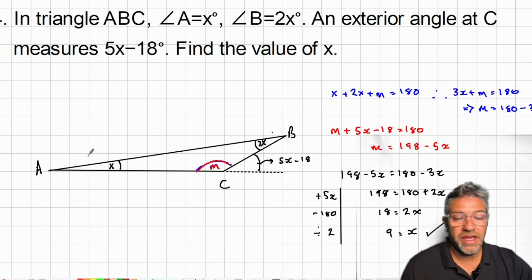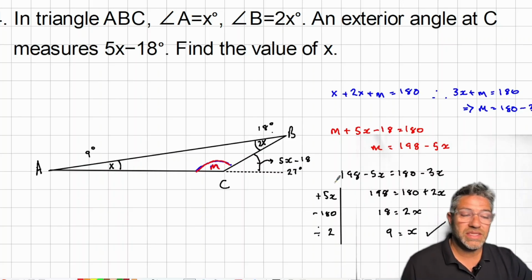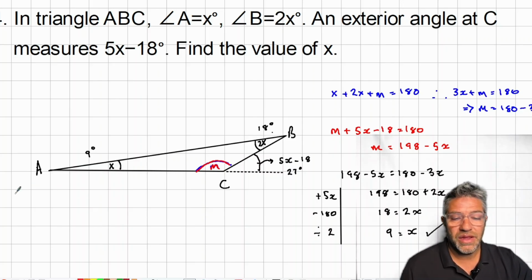So this angle here would be 9 degrees. This angle here would be 18 degrees. This angle here, 5 times 9 is 45, 45 subtract 18 gives me 27 degrees. So this angle here, let's just double check. 18 add 9 equals 27.